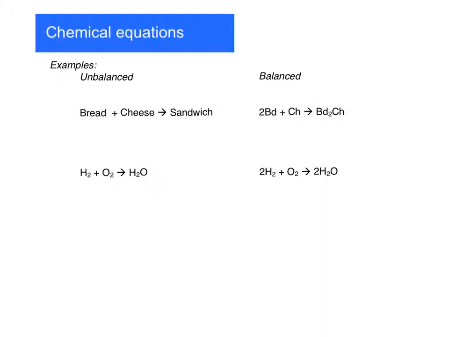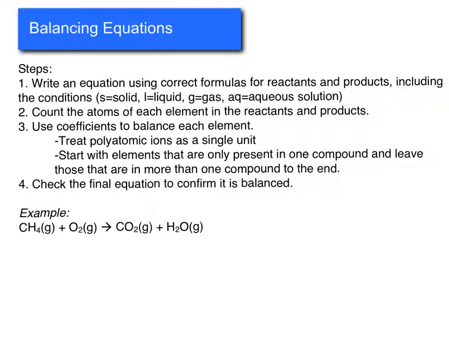And so in order to balance this, we would need 2 hydrogen gases plus 1 oxygen gas, and those together would give us 2 molecules of water. And these big numbers in front that tell us how many of each element or molecule we have are called coefficients.